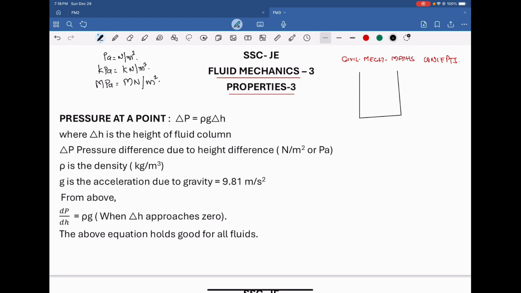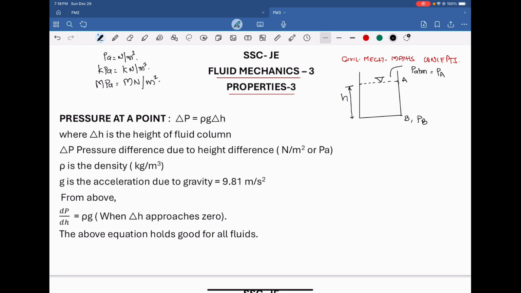Now, let us say in a tank water is kept at a height of h, and it is point A, and point B. Point A is open to atmosphere, hence it is called P atmosphere, that is equal to PA, and at B the pressure is PB.